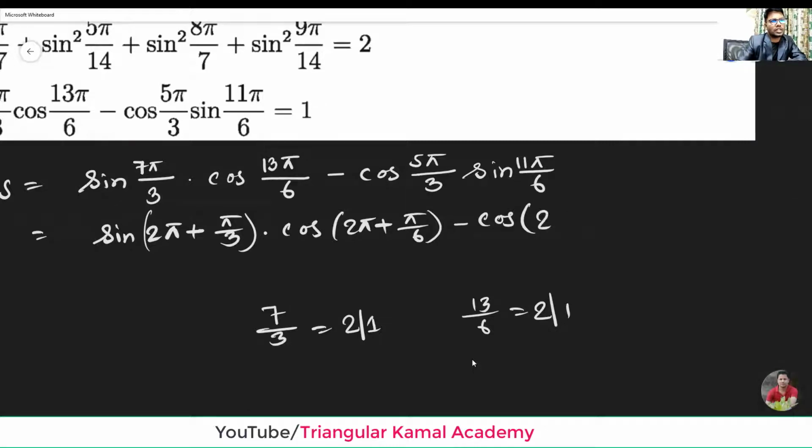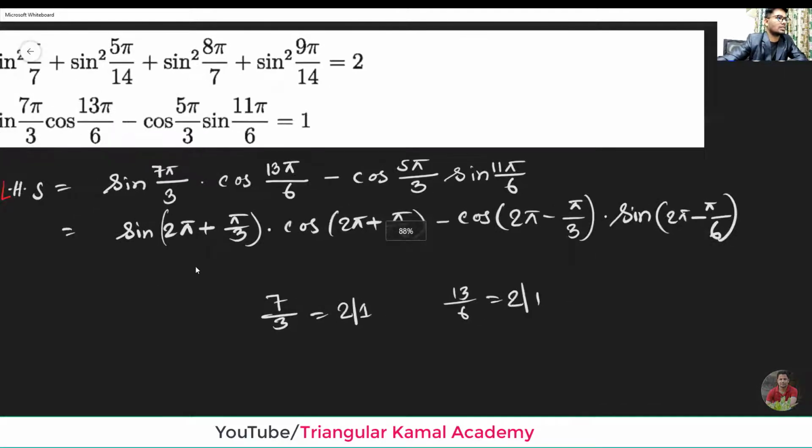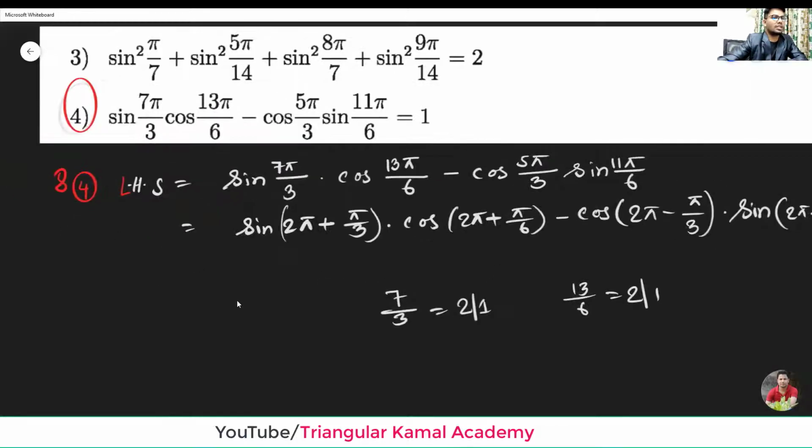Suppose twice pi, that means 2 times, then pi with this one is 3, then 3 2s are 6 minus 1, that means now 5. Simplification done. So sine 11, that means 2 times less than 1, so we write 2 times of pi minus, this is 6 and now pi. 6 2s are 12 minus 1, 11. Now the second line simplification is done.